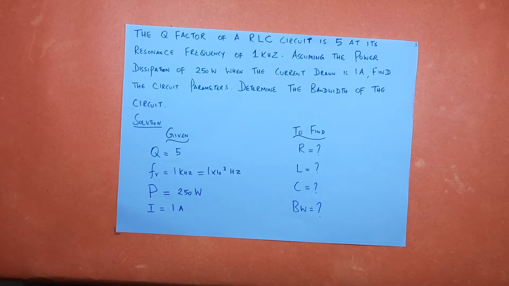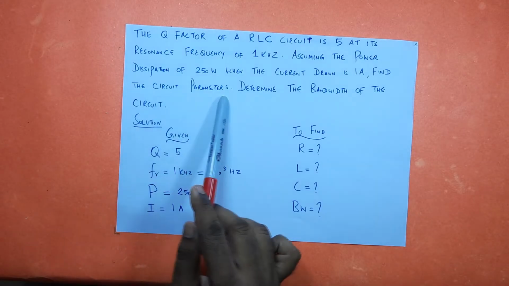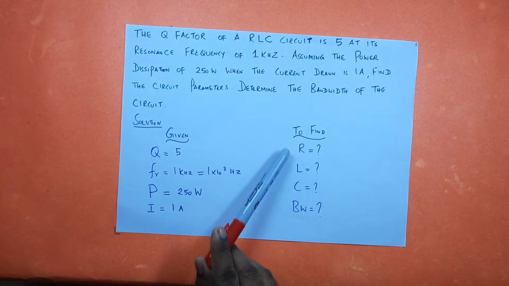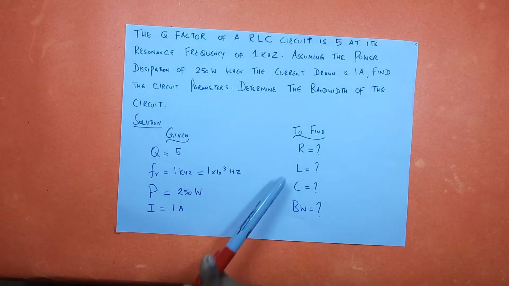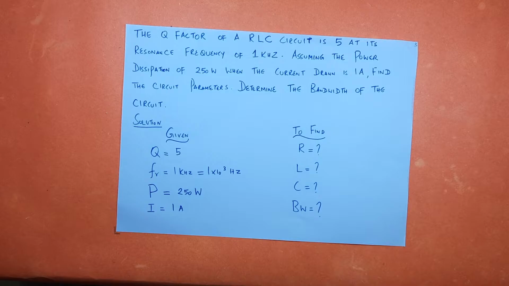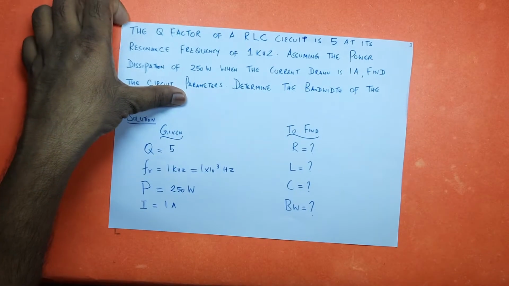Power dissipation, power normally dissipates in the resistor R. So power equal to 250 watts. Current is also given as 1 ampere. So these are all the given parameters. We have to find the circuit parameters, which are nothing but R, L, C. Also we have to find out the bandwidth BW.